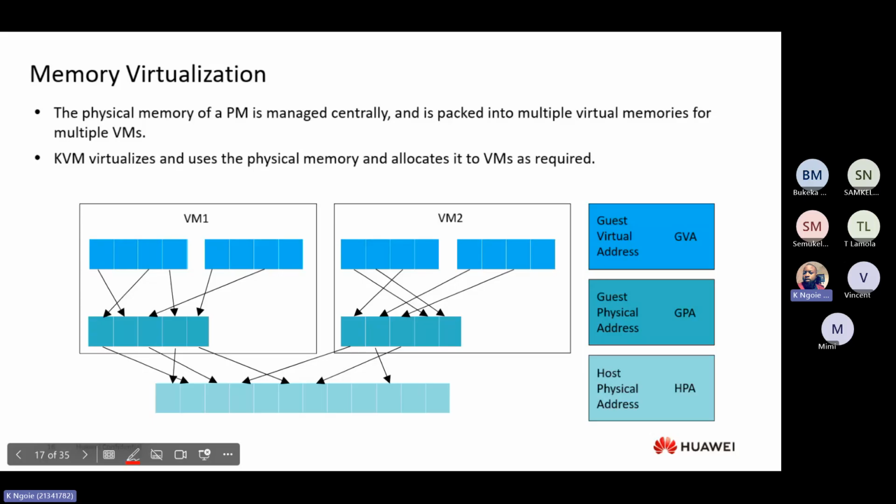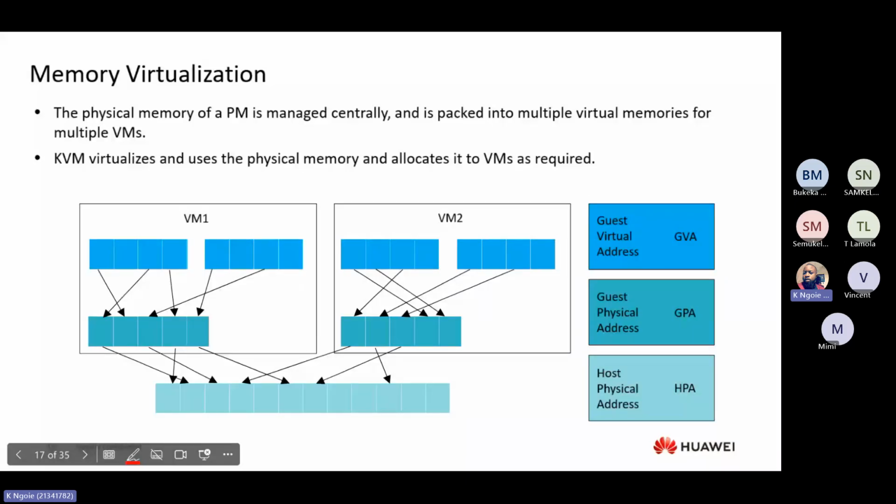So what you look at is the guest virtual address, guest physical address, and the host physical address. Then we're going to have the KVM, which will virtualize and use physical memory and allocate it to its VMs as required. So this is how the KVM will handle memory virtualization.